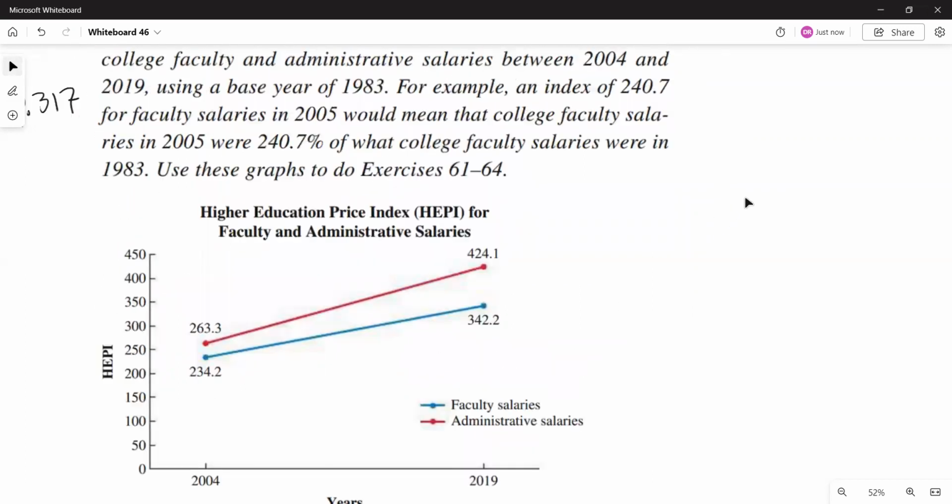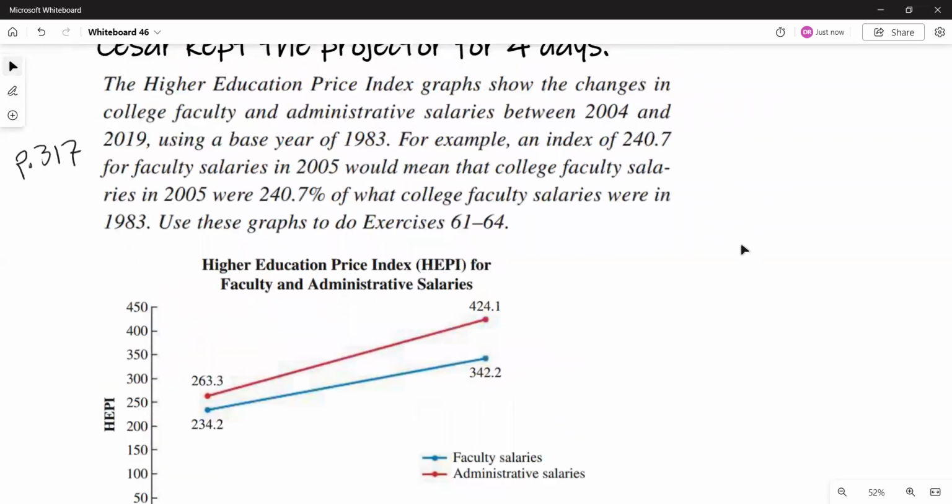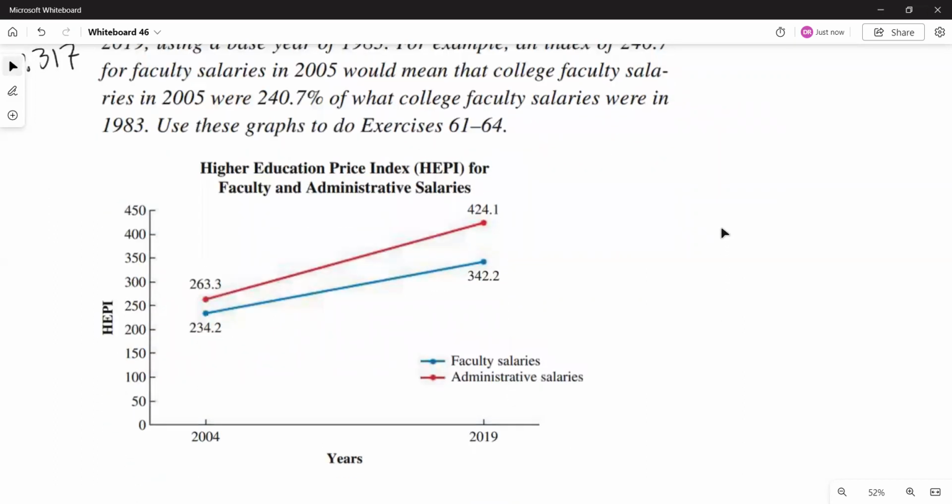Okay, so in 2004, college faculty salaries were 234.2% of what they were in 1983.